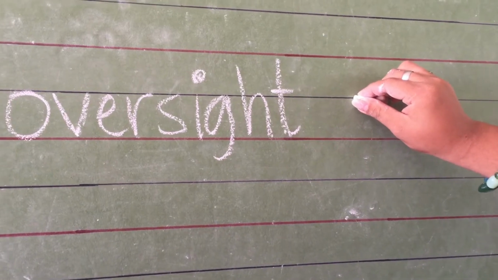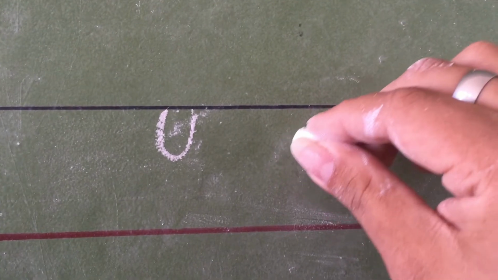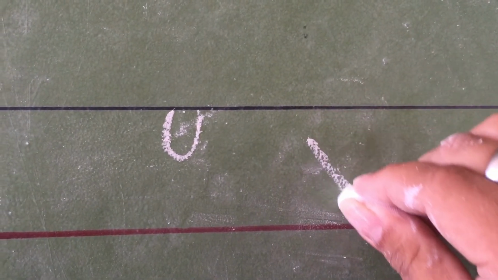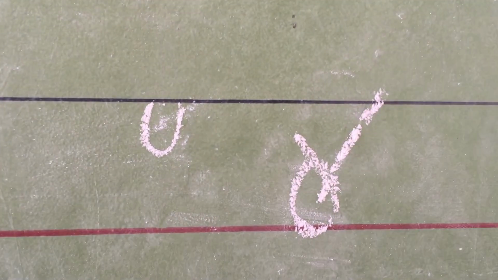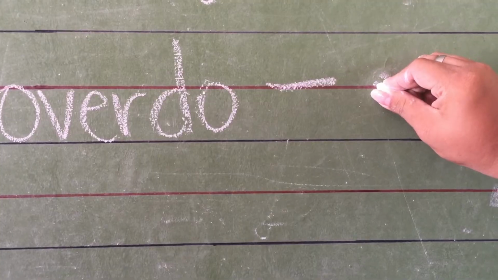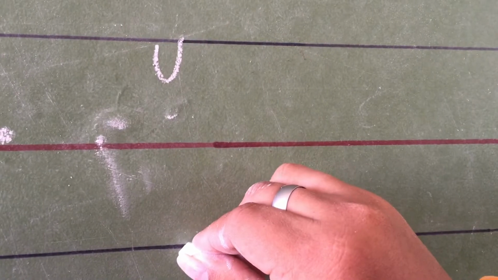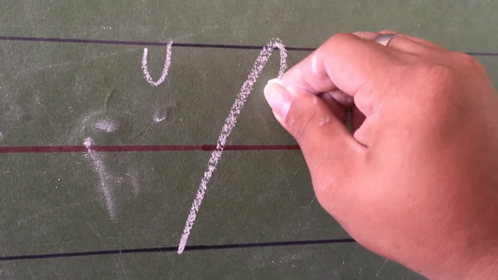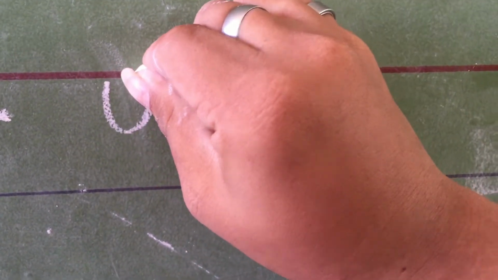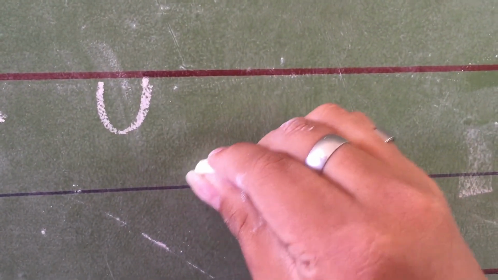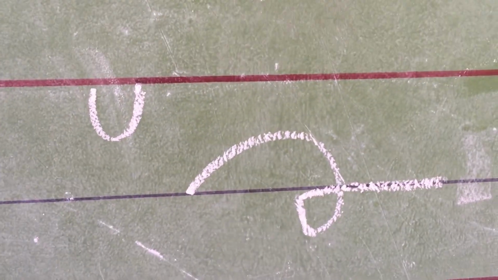First is oversight, represented as O above the following shorthand stroke: S, long I, and T. Overdue, represented as O above the following shorthand stroke: D and O. Overcome, as in O above the following shorthand stroke: K, A, and M.